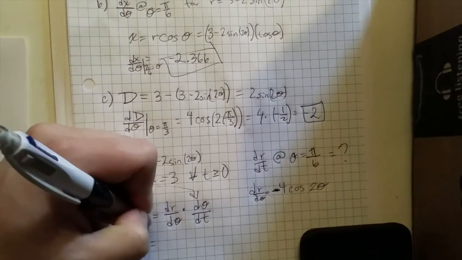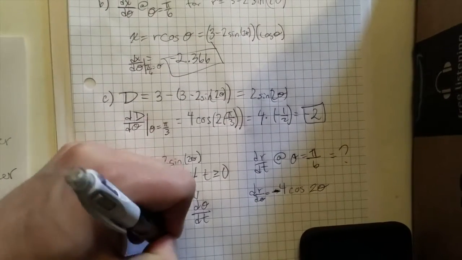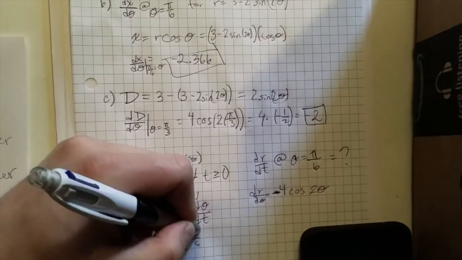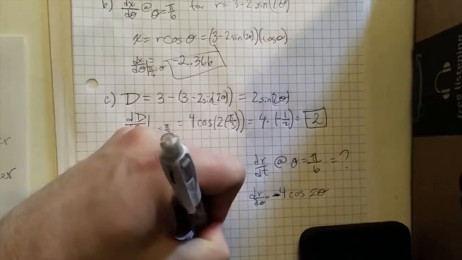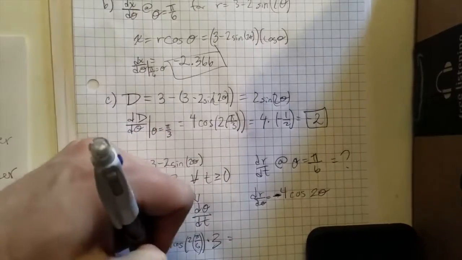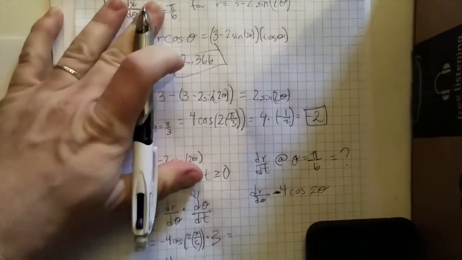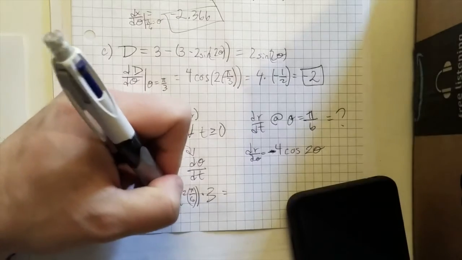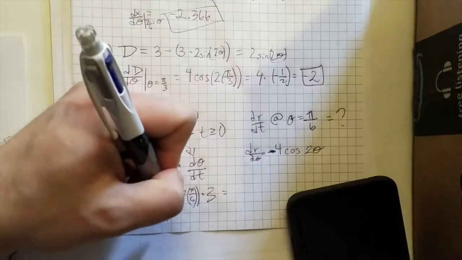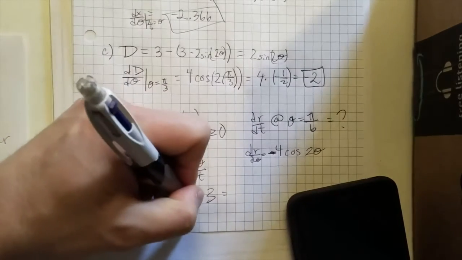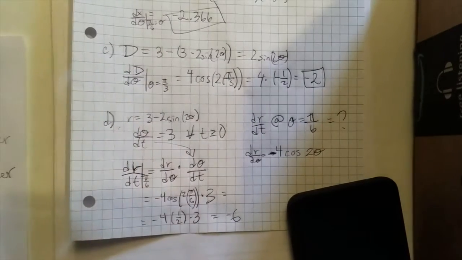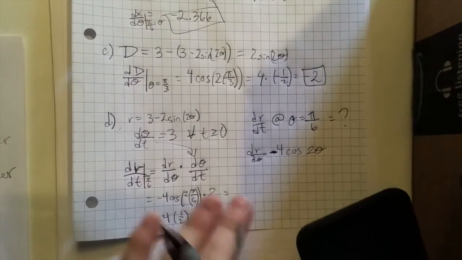So at pi over 6, it's negative 4 cosine 2 pi over 6 times 3, which is equal to negative 4. You can't see what I'm writing. Cool. Negative 4. Cosine of pi over 3 is going to be 1/2, so it's 1/2 times 3, or we get negative 6.